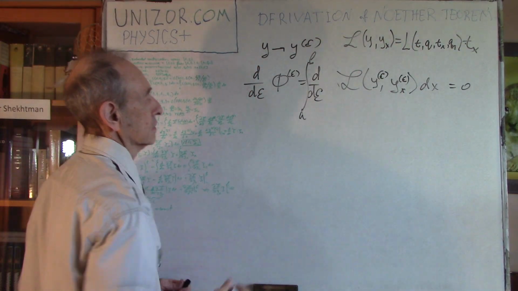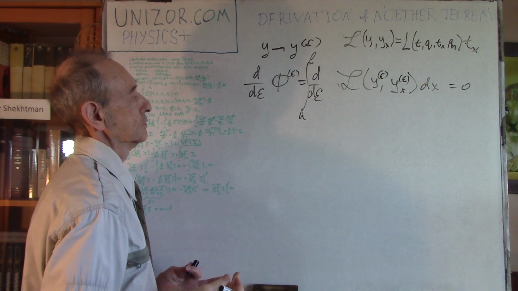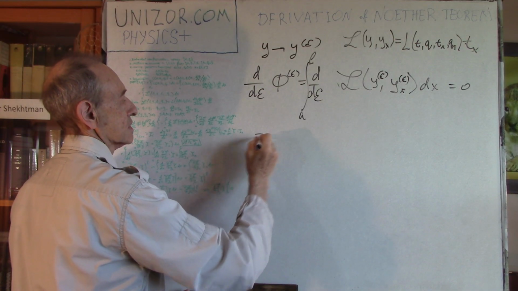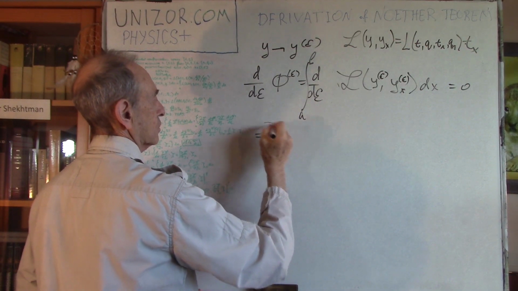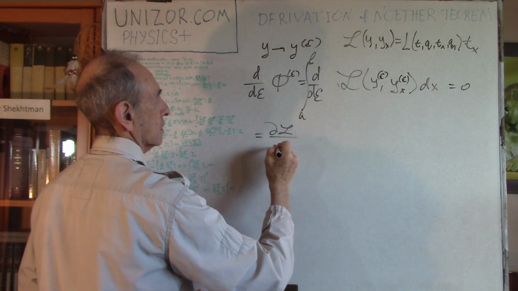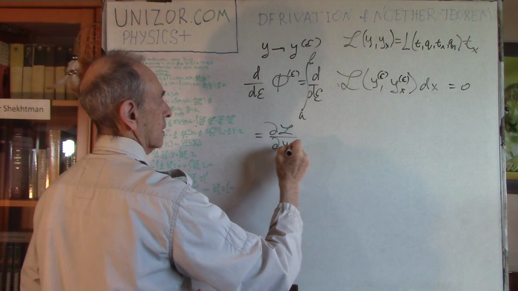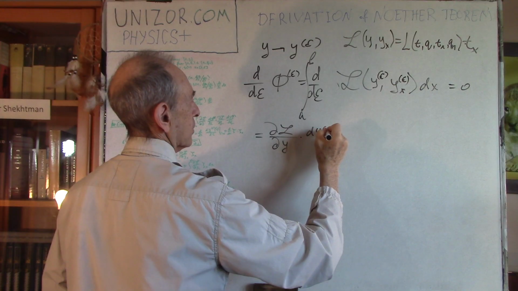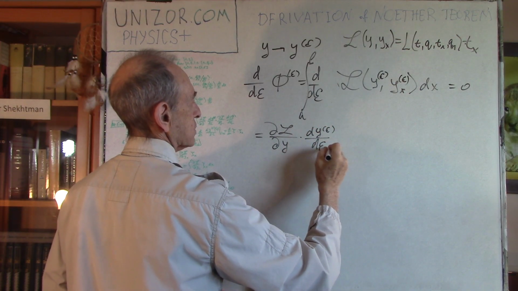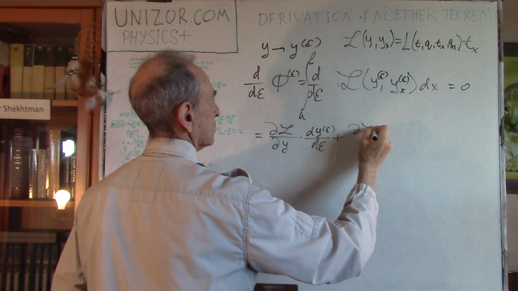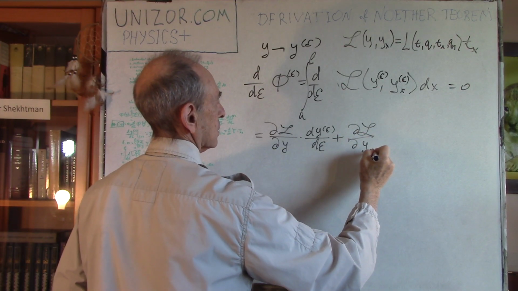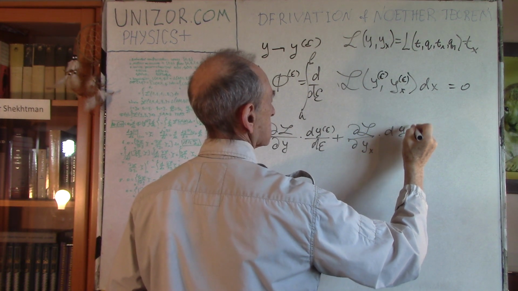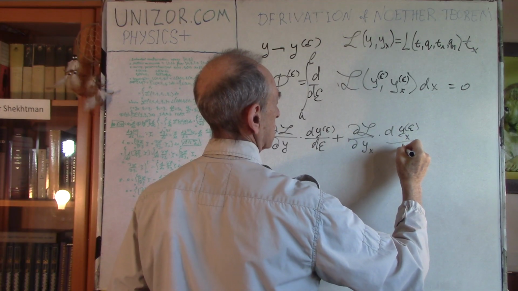So how can we take the full derivative of a function of multiple arguments? Well, that's simple. This 0 is equal to the partial derivative of L by the first argument, which is y, times dy by d epsilon, plus the partial derivative by the second argument times dy_x by d epsilon.